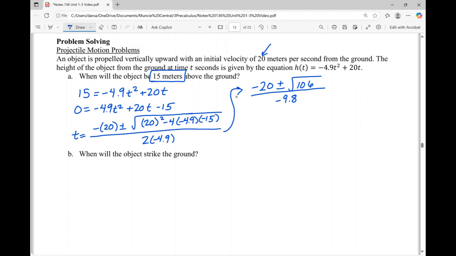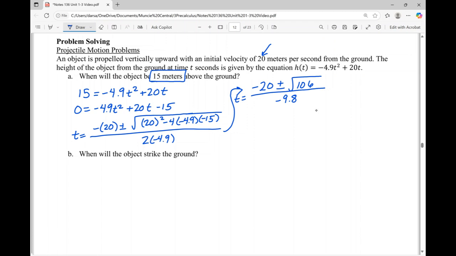Now, this is our time t. Here's my question. How long is negative 20 plus or minus the square root of 106 over negative 9.8 in seconds? Is that like 2 seconds? Is it 100 seconds? Is it a million seconds? I have absolutely no idea. So here's what you're going to have to do. We want to know what this is, and we're going to round to one decimal place.